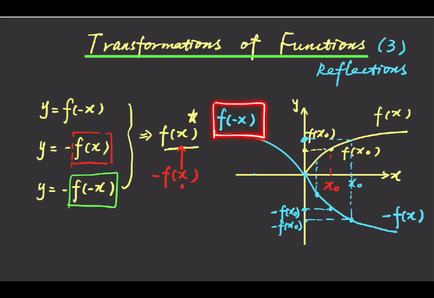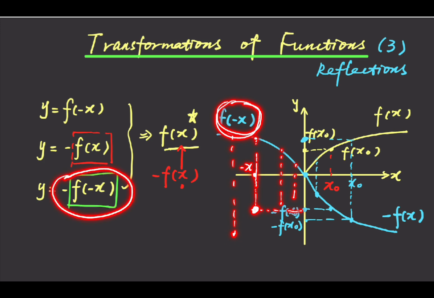Then, on the basis of this function, you need to take the opposite value of this function. For the same x coordinate, you need to take the opposite value of this value. So, for every point on this function's graph, you need to guarantee the x coordinate is the same, but the y value should be the opposite value of this value. It should be here. Okay, so every point, you can locate the corresponding point on the transformed function's graph.